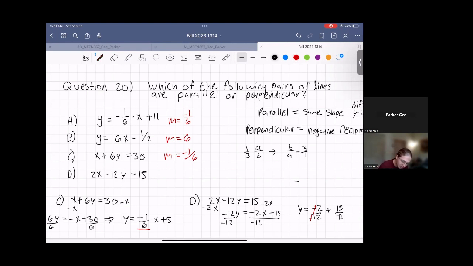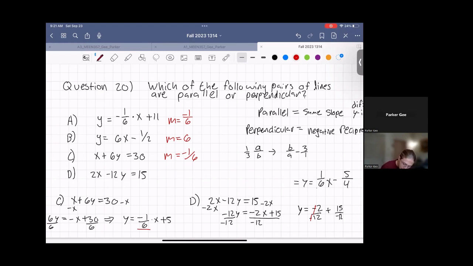So we're just going to come up here. y is equal to 1/6 x. And then 15 over 12, 3 goes into both of them. 3 goes into 15 5 times, and negative 12 is negative 4. So I can move that negative out, to negative 5 over 4.